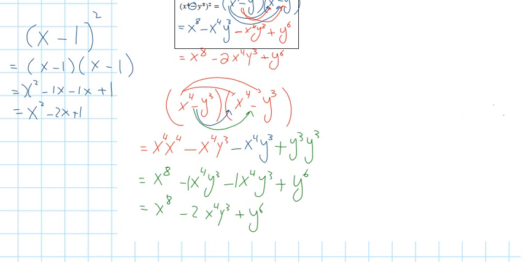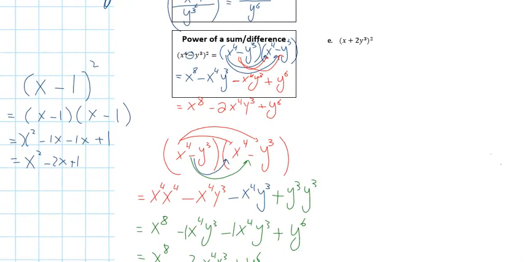This one? I'm just showing how we got the x to the 8. Why did we get x to the 8? Because if I multiply x to the 4 times x to the 4, basically it's x to the 8. I showed this example right here without this step.